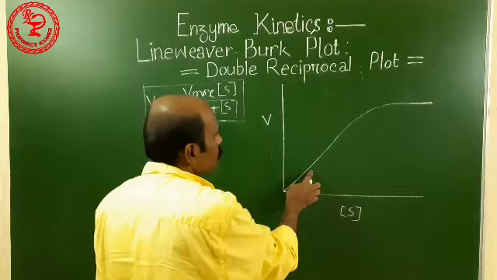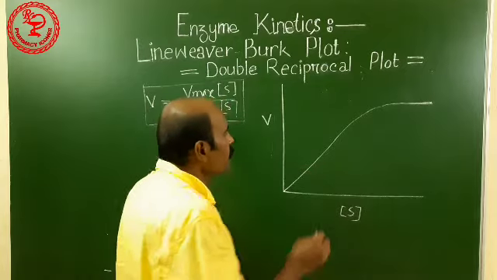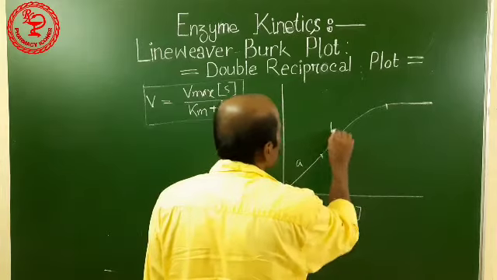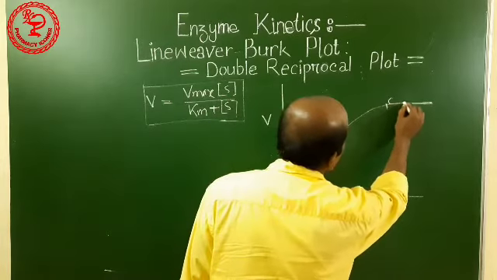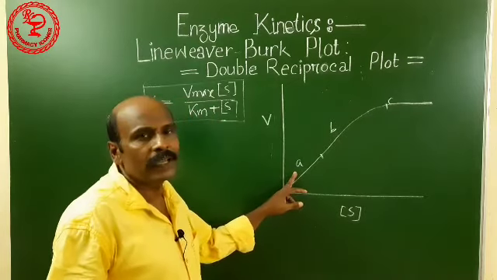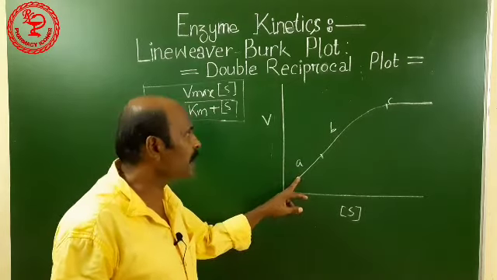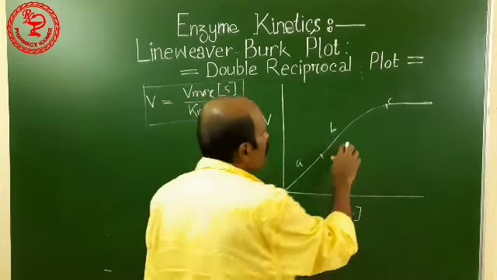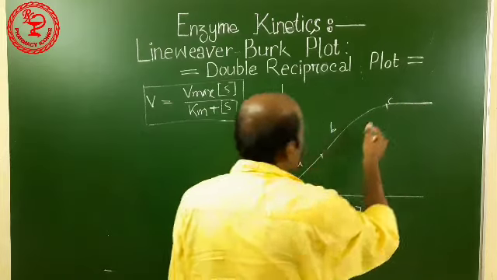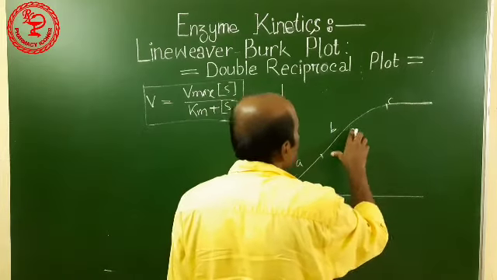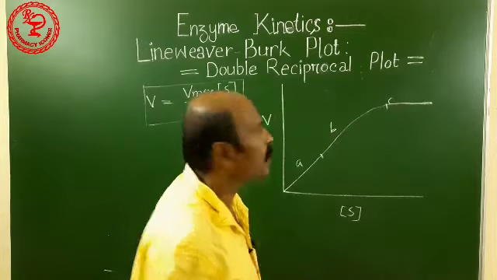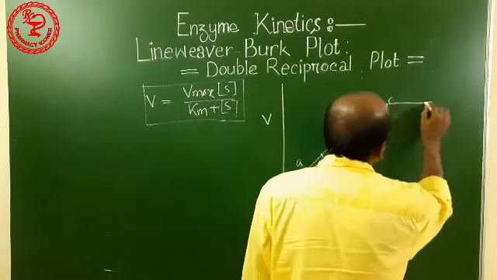This curve has three distinct regions: A, B and C. A is the linear part, that is the straight line. B is the hyperbolic curve. C again is linear. After the hyperbolic curve, it reaches the plateau, which is a straight line.